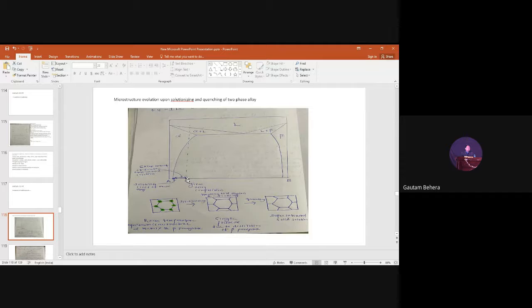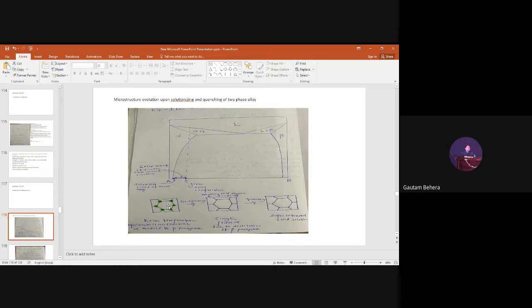At room temperature, listen carefully, the alloy will have an equilibrium microstructure. This is the equilibrium microstructure of the alloy at this composition. So what can you tell me, what can you see here? Just tell me quickly.